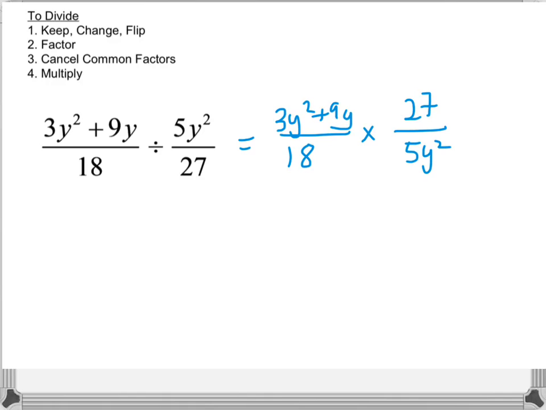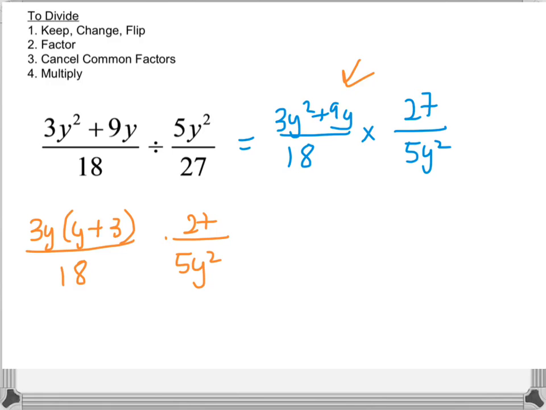The first algebraic fraction is not a difference of squares, so my GCF is 3y. I would have y plus 3 remaining over 18 times 27, and then 5y squared, nothing cancels about that. Now remember, these are all factors. I have 3y, y plus 3, and 27 as factors in the numerator.